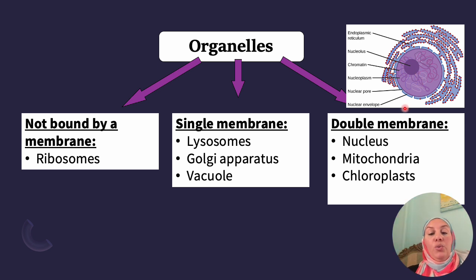I would say that's a good way to remember which organelles are double membrane bound, such as a nucleus, mitochondria, and chloroplast, and which have a single membrane and which have none. All right, it's according to their importance, of course. Let's move on.